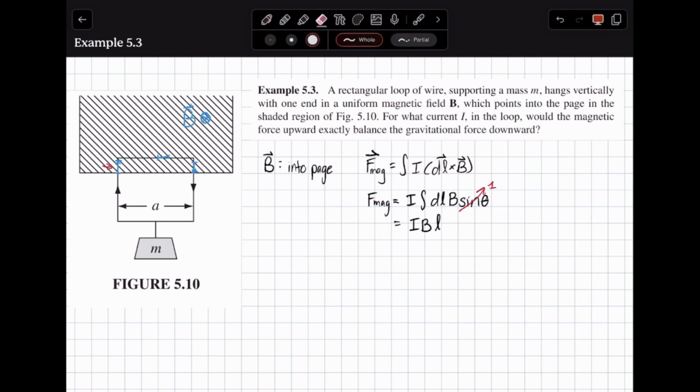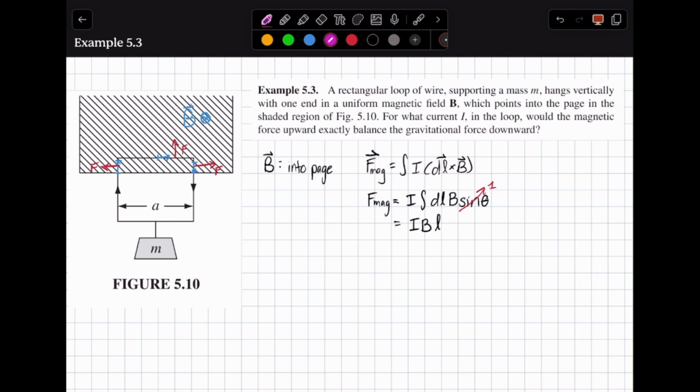Now if I use the right-hand rule to find the direction of the magnetic forces in each of these segments, you'll see that we get a magnetic force upwards on the top segment, a force to the right, and a force to the left on the left segment.